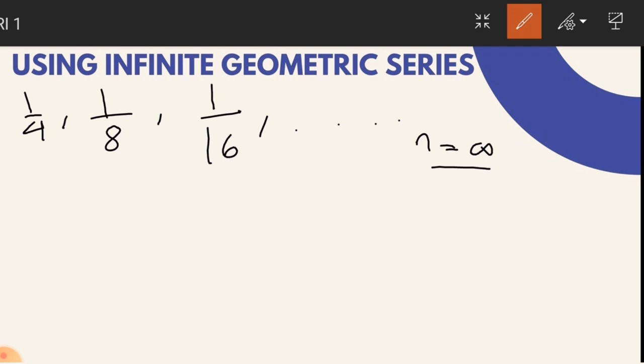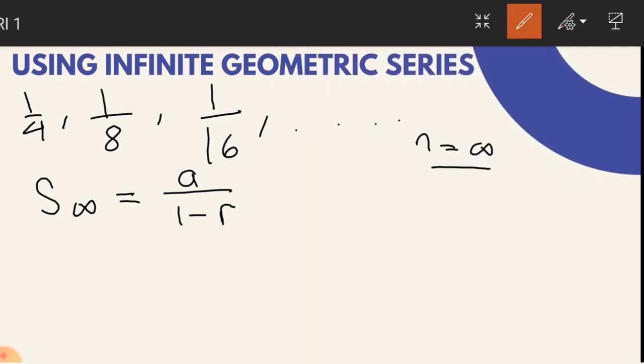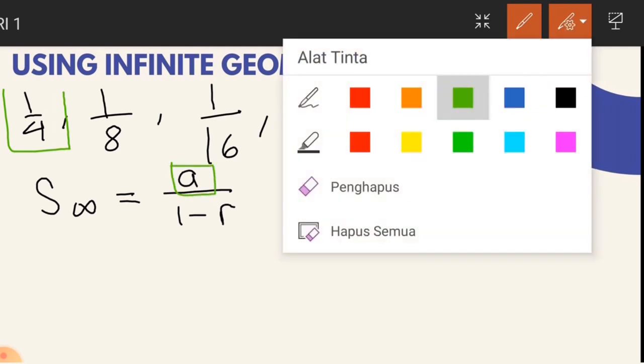And the formula that we're going to use is S infinity equals a over 1 minus r. a here is the first term, or a half, and r is the ratio.